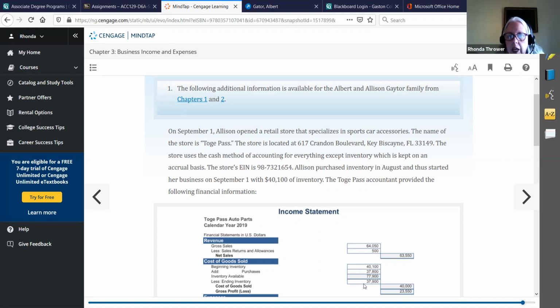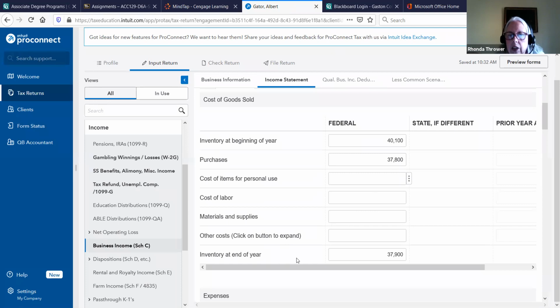This will come from a count of the inventory that was left over at the end of the period, and that, when subtracted from your inventory that's available to sell, will leave you with what you actually sold. So $37,900 is our ending inventory, and that's going to be placed in the ending inventory box here.